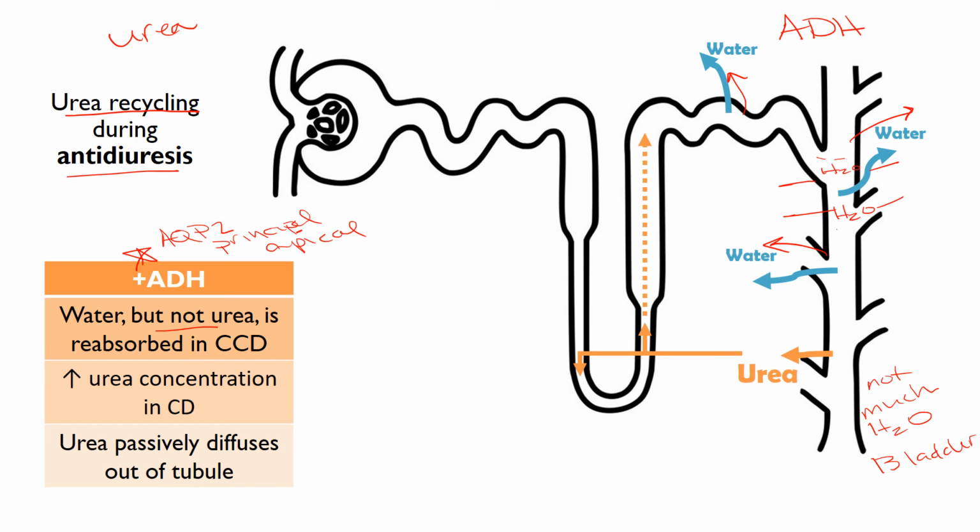And that means that anything that's left behind in here is getting more and more and more concentrated, such that by the time you get to the lowest most portion of this inner medullary collecting duct here, so we're in the inner medulla here, the outer medullary collecting duct would be about here, and then the cortical collecting duct is up here in the cortex. Urea gets really, really concentrated because all the water has been sucked out, but not urea, so urea gets concentrated. As a result, urea, by the time we get to the inner medullary collecting duct, is so concentrated that it moves down its concentration gradient.